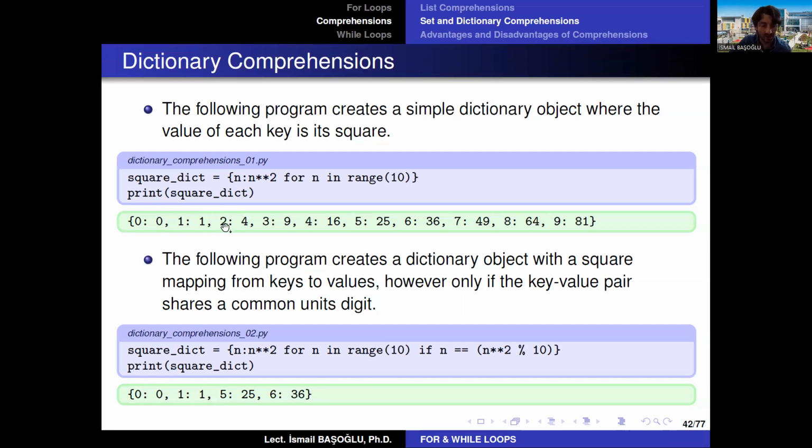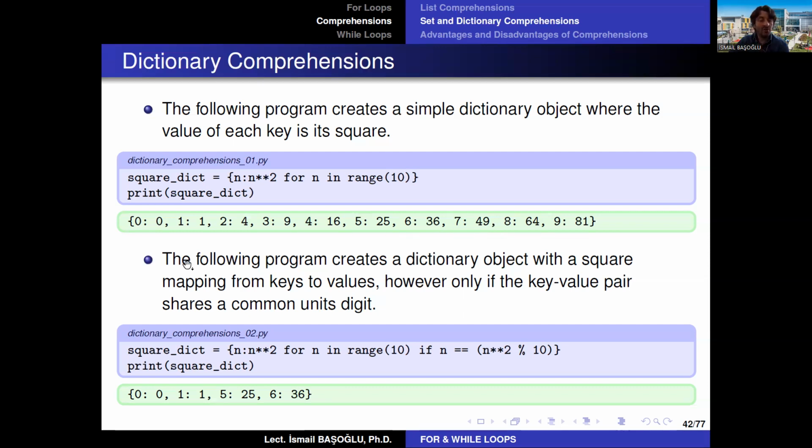Now let's check 2. 2 square is 4, 4 mod 10 is 4, unfortunately 4 is not equal to 2, therefore it is not added. So let's check 5. 5 to the power 2 is 25. 25 mod 10 is 5. 5 is equal to 5. Therefore, 5, 25 is added. Similarly, 6, 36 is added. However, 7, 49 is not added.